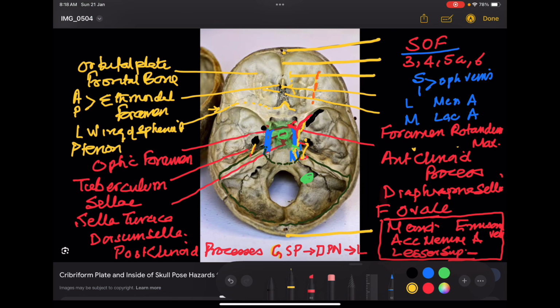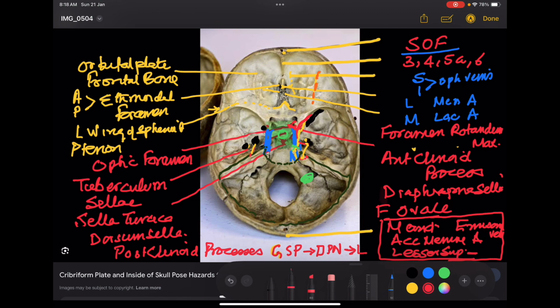So after the foramen ovale, we come to foramen spinosum. It is called foramen spinosum because the spine of sphenoid lies under it.